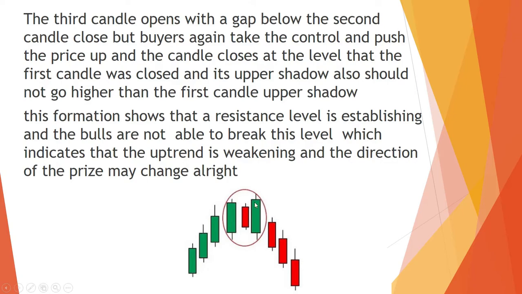This formation shows that the resistance level is establishing, and the bulls are not able to break this level, which indicates that the uptrend is weakening. This uptrend here is weakening, and the direction of the price may change anytime.